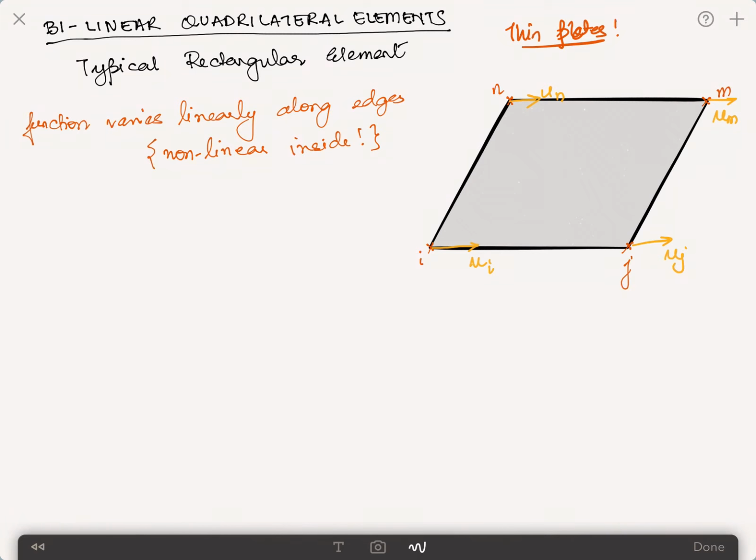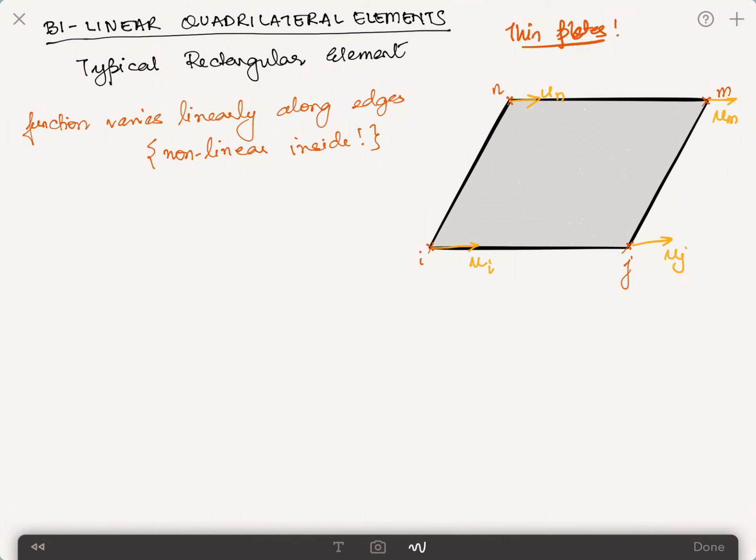So if the function varies linearly along the edges, then there will be a certain nonlinear behavior within or inside the element space. So considering these two particular conditions to be applicable, this element is therefore called a bilinear element.